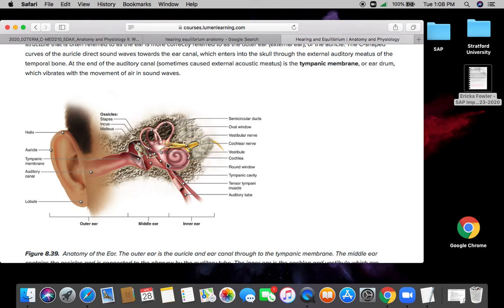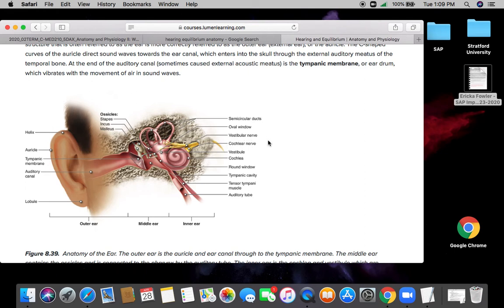Those small or large vibrations get into the cochlea. The cochlea then transduces the sound waves into electrical impulses, which the vestibulocochlear nerve can handle. Cranial nerve 8, the vestibulocochlear nerve, is a combined nerve. So you have the cochlear part doing the hearing and the vestibular part doing the balance.